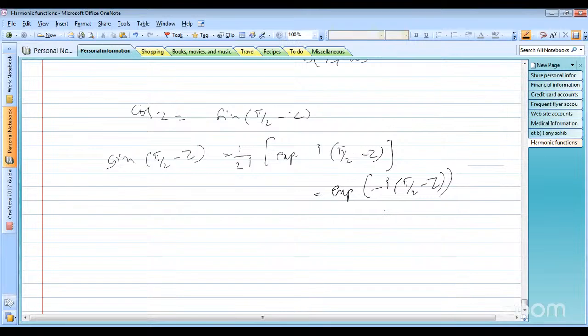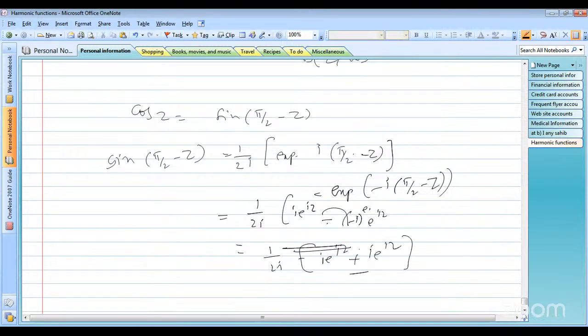Writing that here: 1 by 2i into (i e^{-iz} minus (minus i) e^{iz}). So therefore 1 by 2i into (i e^{iz} plus i e^{-iz}), which gives cos z. So we can write the statement here: cos z.